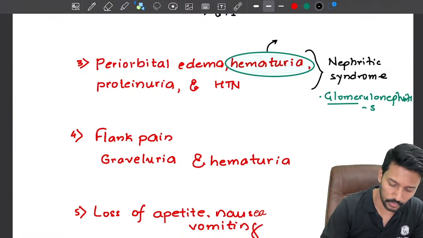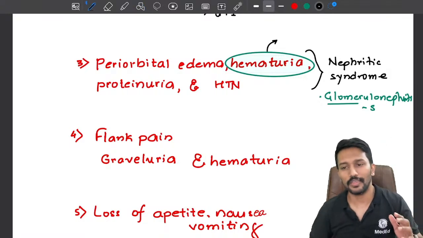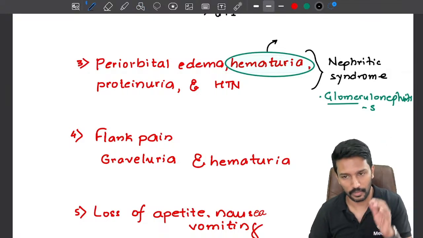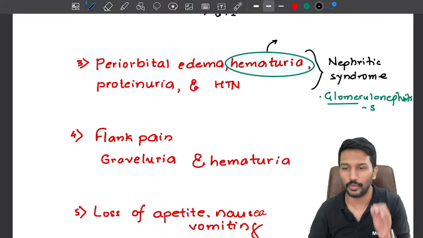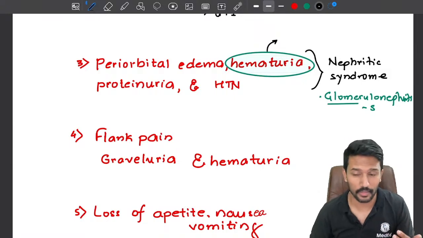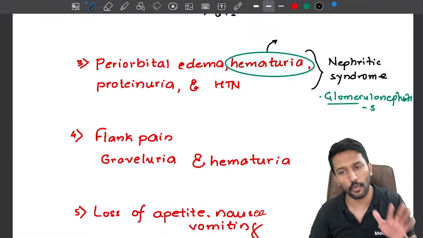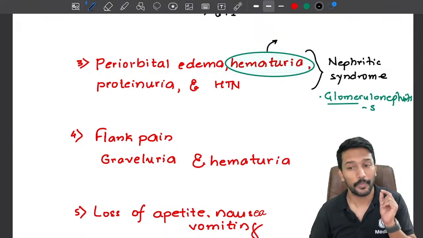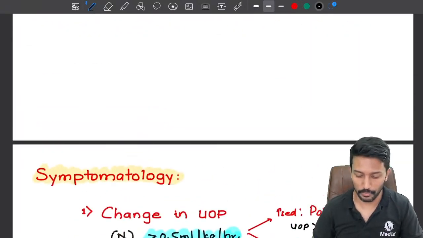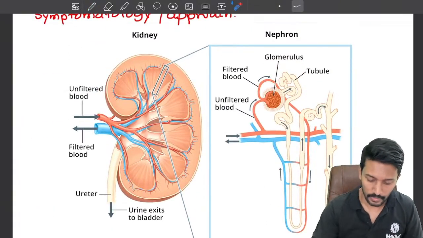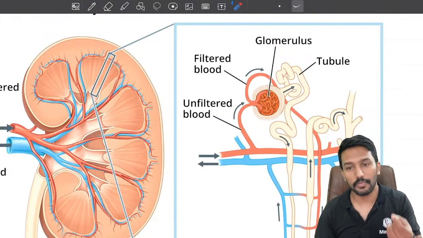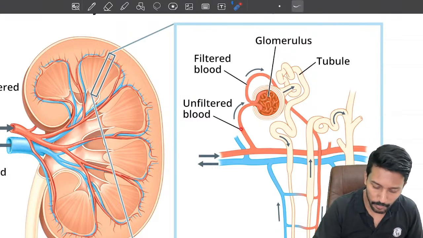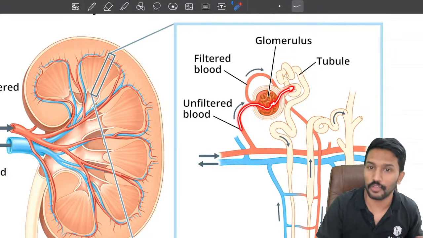So when you do the urine microscopy, if hematuria is because of renal stones, ureteric injury, urethral injury or bladder injury, the RBCs will look morphologically normal. But if RBCs are in the urine because of glomerular injury, the RBCs will become dysmorphic, because when the blood is passing through the glomerulus, the RBCs leak into the filtrate.